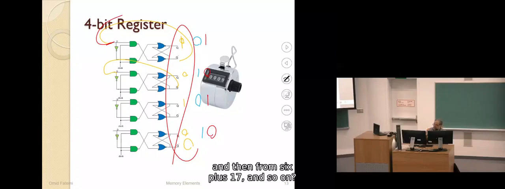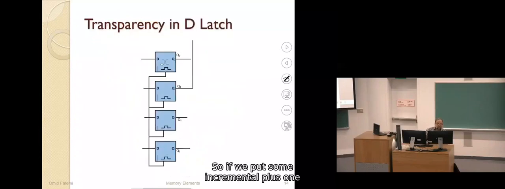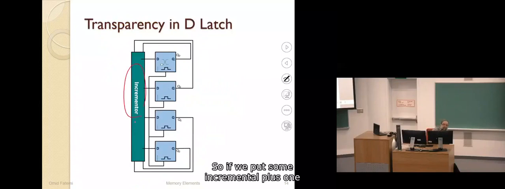Plus 1. And then from 6 plus 1, 7, and so on. So if we put some kind of incrementer, a plus 1 function, in our combinational components that I was explaining to you, we had an adder there, but we didn't touch it because of the time. But we have an adder. So if we have an adder plus 1, then that's good.